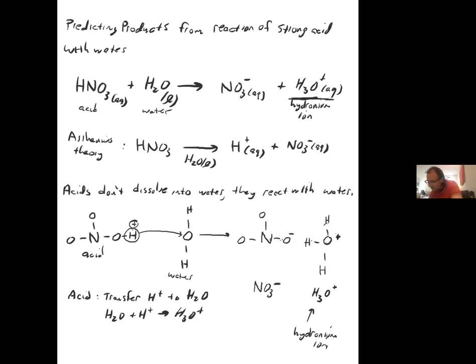The other product, all you got to do is just take what you started off with and then just figure out what that negative ion is. The nitrate ion, for example. That's going to be your second product. Again, it doesn't matter which order you write it in. You could go H3O plus NO3 minus, or you could do NO3 minus plus H3O plus. But an acid with water will definitely give you a hydronium ion.